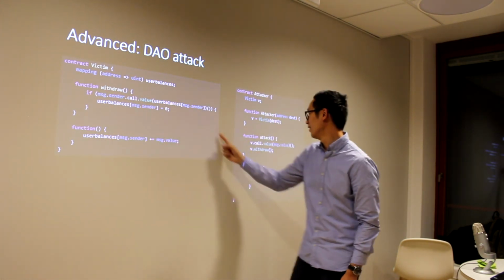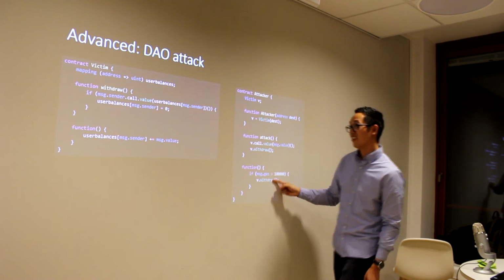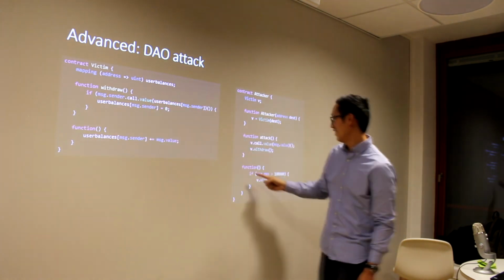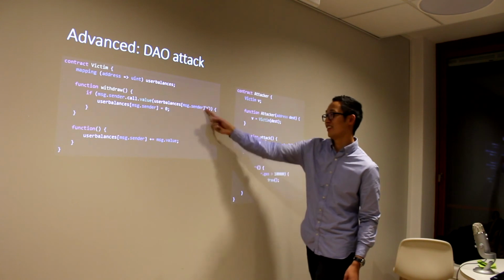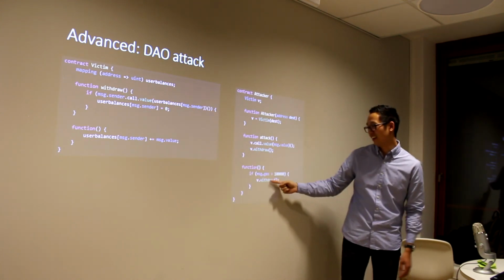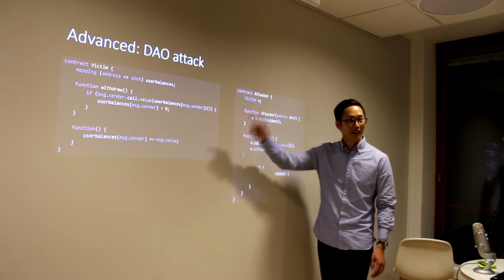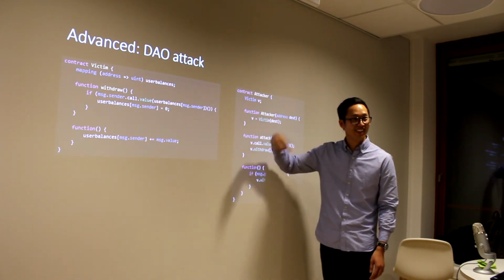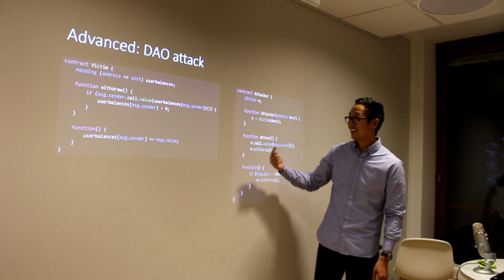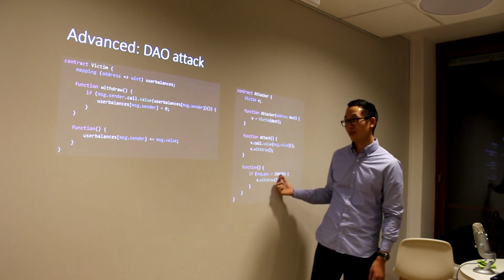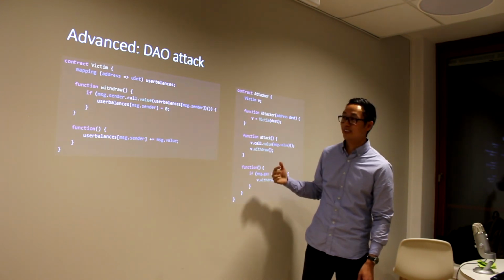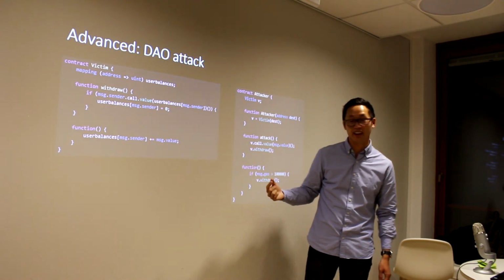This will be called, and then this will be called, and back and forth until the gas is lower than 100,000. But this can happen in all eternity until the gas is lower than 100,000. So that's what actually happened in the DAO attack.